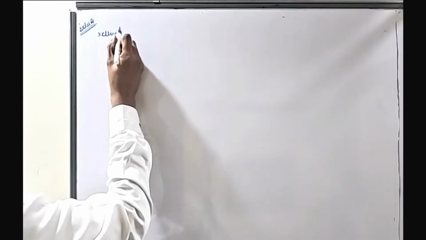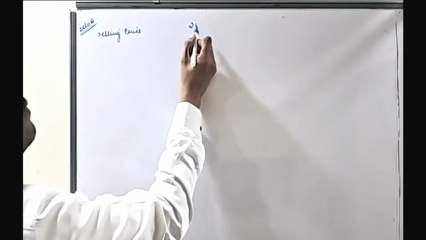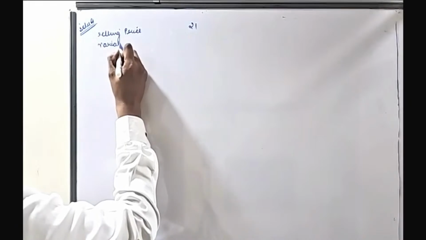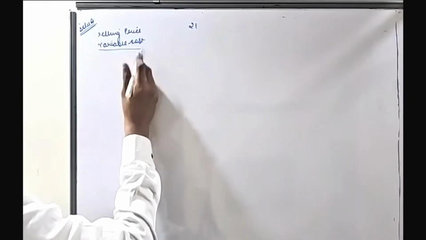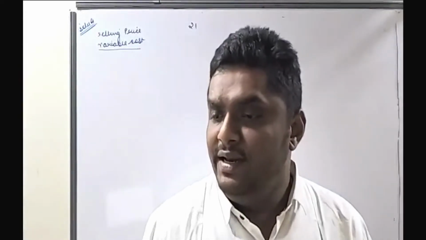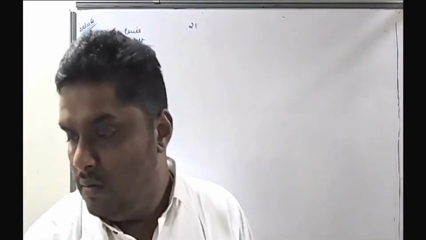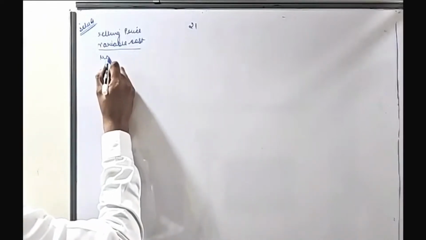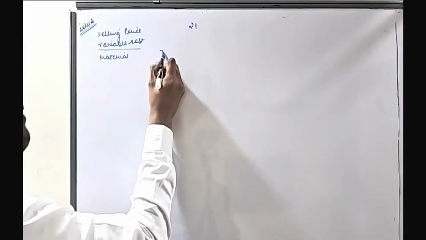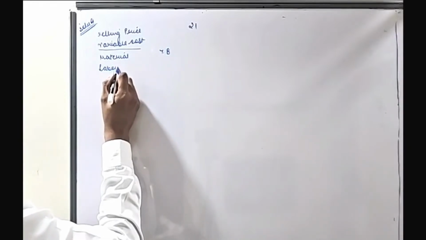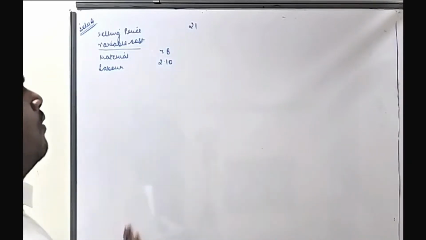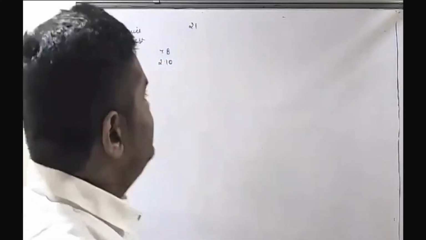Question number 4. That is, material is 7.8, labor is 2.10. Variable overheads are 2.5.